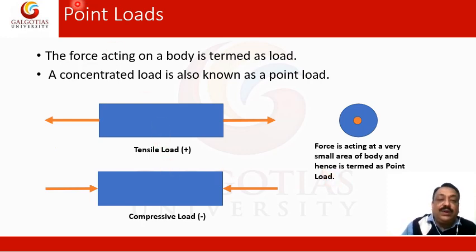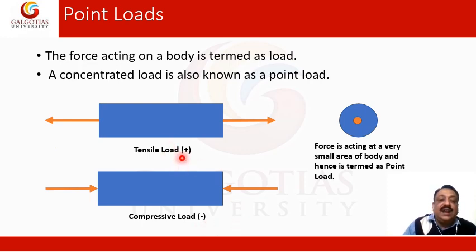Now the point load can be of two natures. One is the tensile load, which is generally denoted by a positive symbol, and the other is the compressive load, which by sign convention is taken as a negative load.